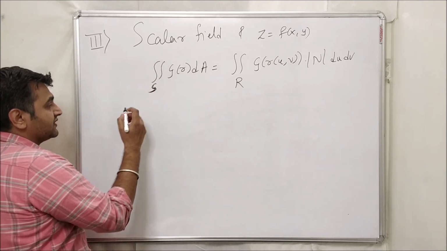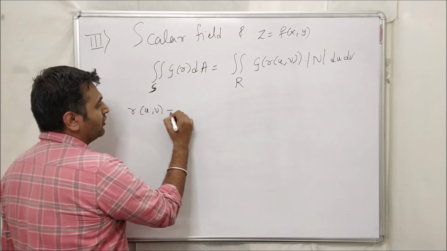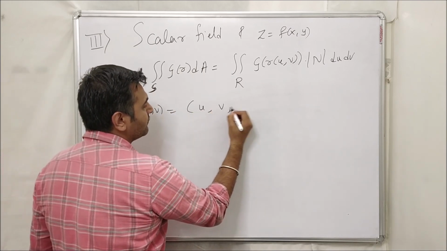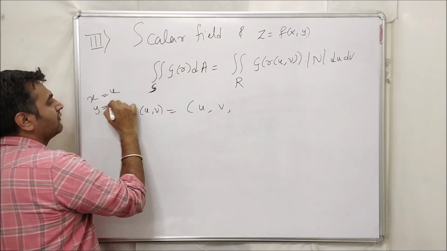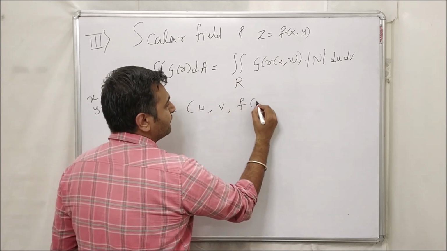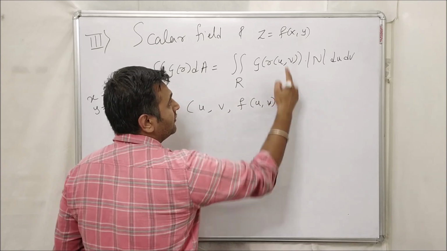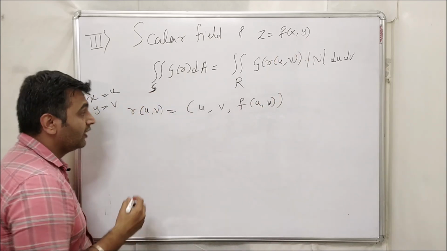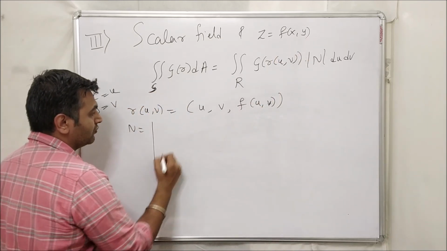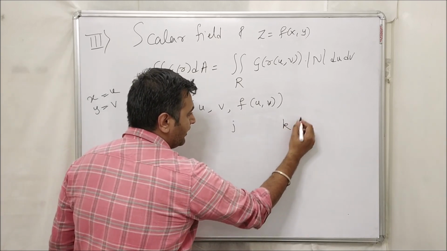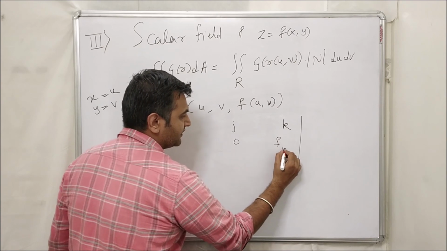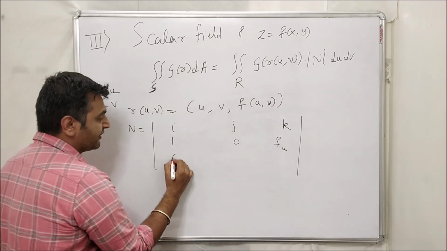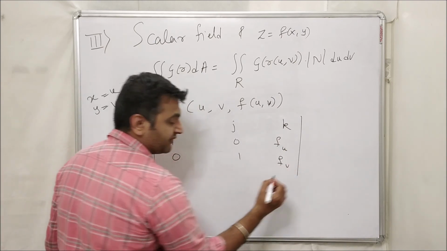Now let's come to this. How will you parameterize? You call x equal to u, y equal to v, and then what will be my z? If x is u and y is v, my z will be f of u, v. Now what is my normal vector? You write down i, j, k, and r with respect to u is 1, 0, f with respect to u. r with respect to v is 0, 1, f with respect to v.